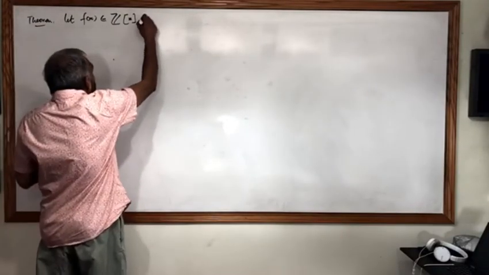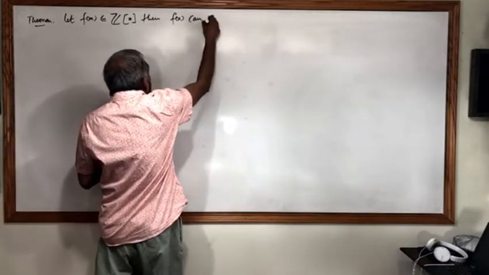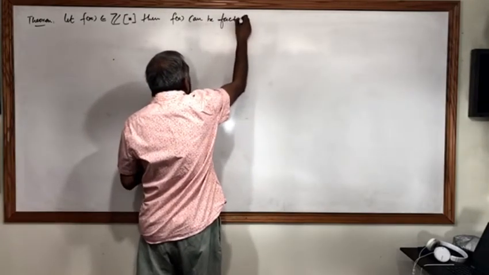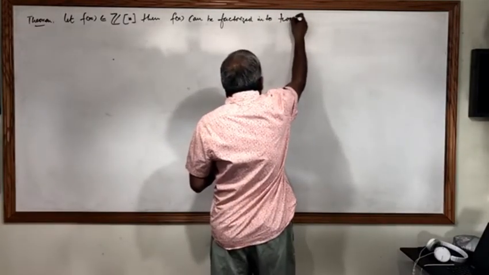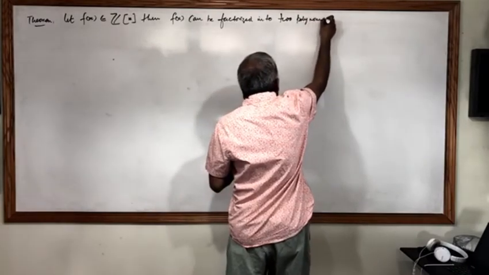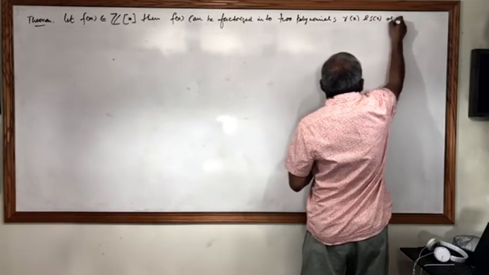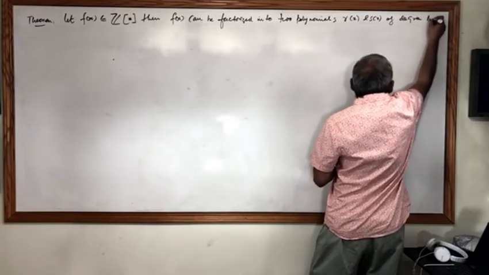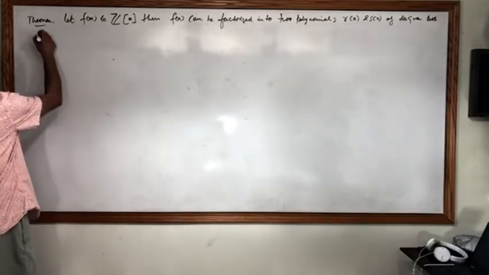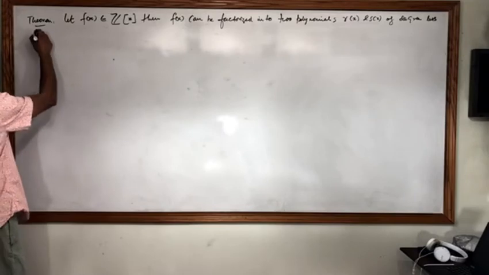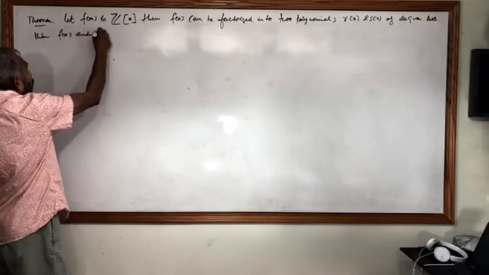Then f of x can be factorized into two polynomials R of x and S of x of degree less than f of x and in Q of x.